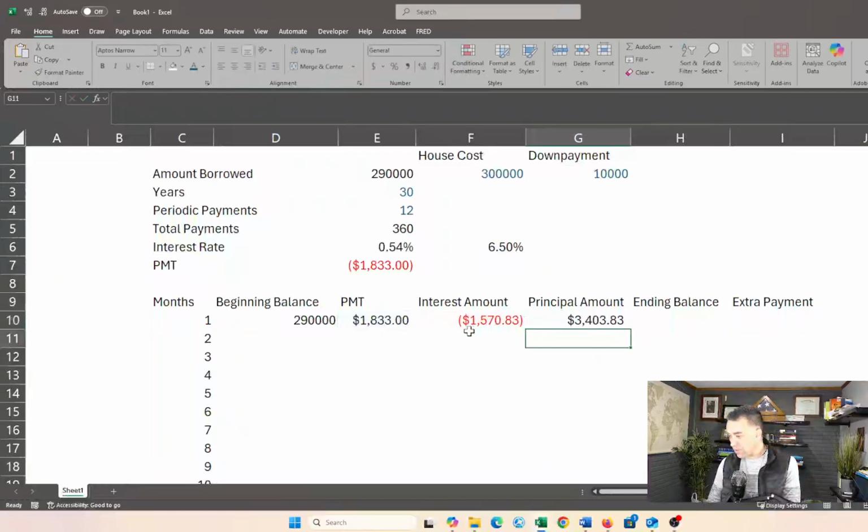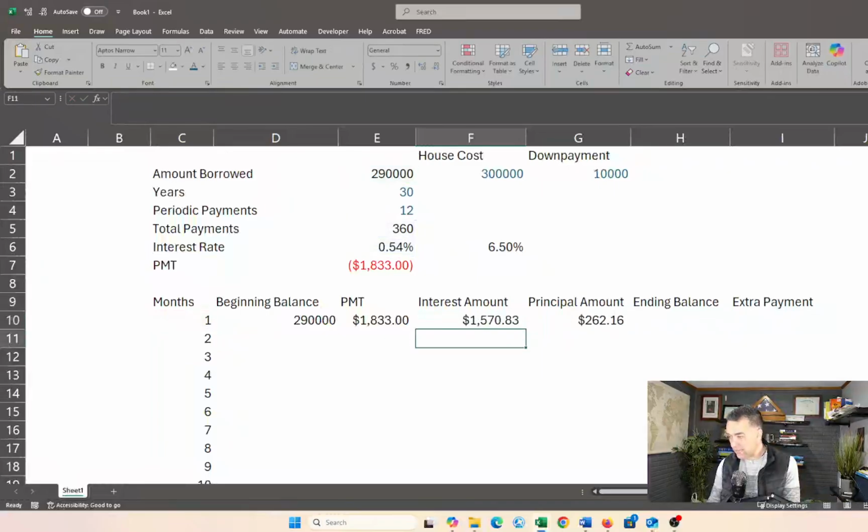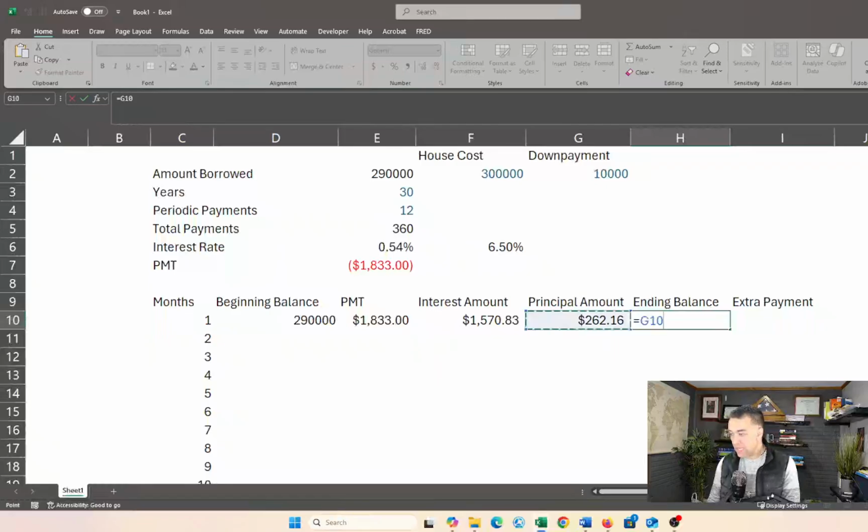And I forgot, one thing I want to do with that, I want this as a positive. So outside that IPMT equation, I'm going to put a negative outside that because I want that as a positive for my calculations. So then the principal amount is just the difference between the PMT and the interest payment, and then the ending balance. The ending balance is going to be the beginning balance minus the principal payment. That's going to be my ending balance.